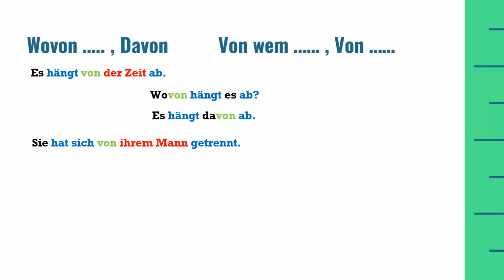So the verb trennen, if we use the participle zwei form of it, it will be getrennt. And at the second position of the sentence, we have to put sein or haben, and we have to conjugate it according to the subject of the sentence.